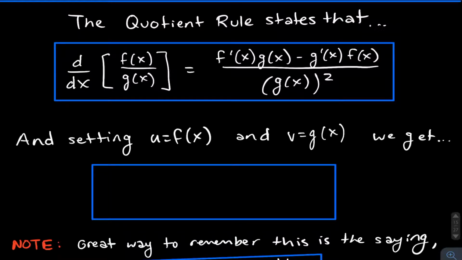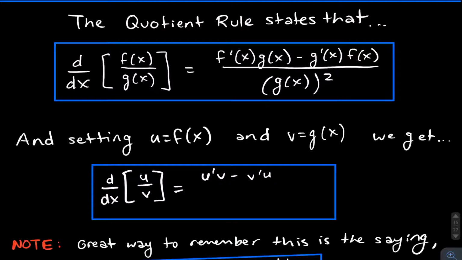We get that the derivative with respect to x of u divided by v equals u prime v minus v prime u. Instead of product rule, which was u prime v plus v prime u, now it's u prime v minus v prime u, and it's over v squared. So v squared is just this thing squared.